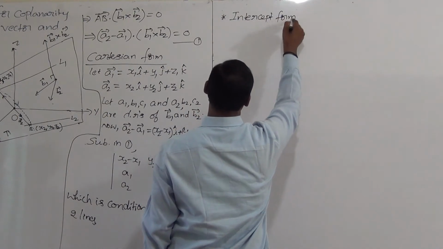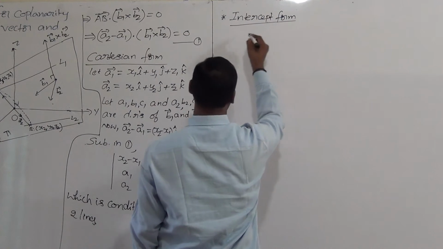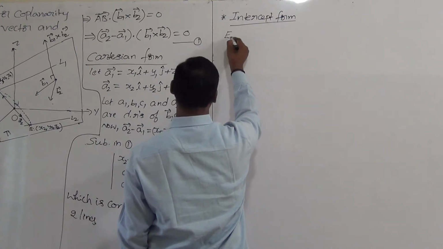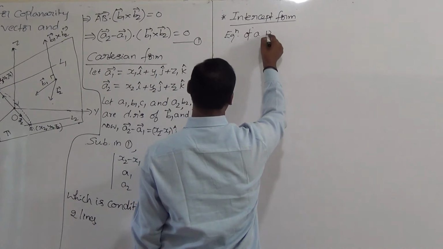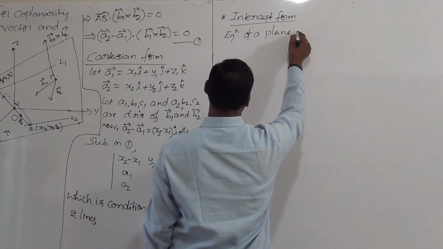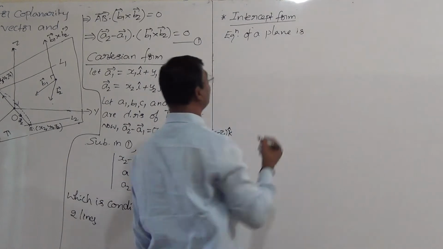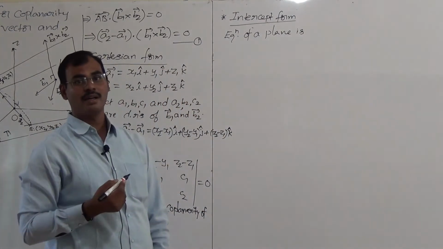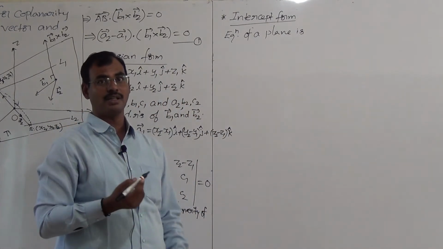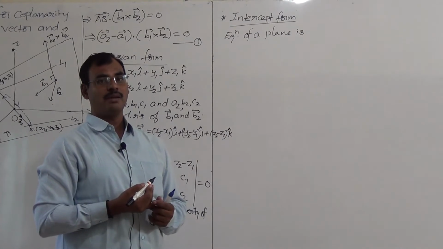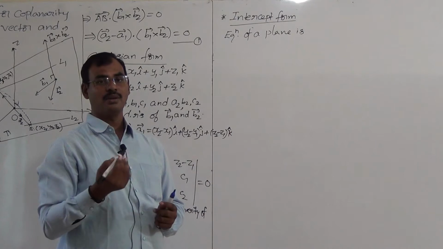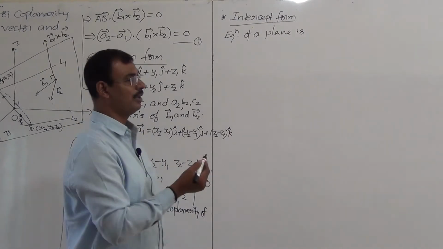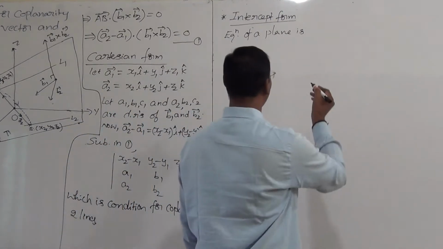So what is the equation of a plane in the intercept form? Remember all of you, we studied in the lower classes the intercept form, the equation of a line in two-dimensional geometry: x divided by a plus y divided by b is equal to 1. Here in three-dimensional geometry, we add the z coordinate.